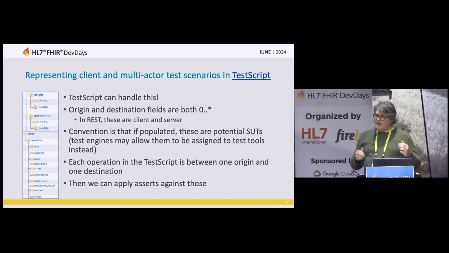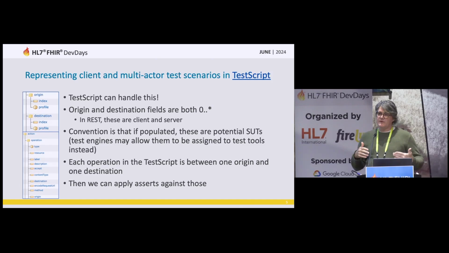And then test scripts have operations, and so you execute an operation, and then they have asserts. So you do a get or a post, or it could be a FHIR get, it could be a RESTful get, and then you have asserts that you can do against the request and the response and the headers in the request and response, the body, the content type, all that stuff. So that's all fair game.